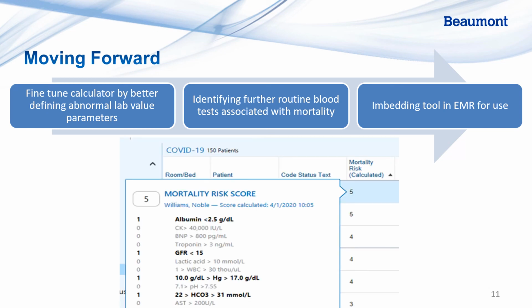What this might look like is that on a clinician's census in their electronic medical record, they would have a column that would identify their mortality risk, and this would be updated in real time. If you were to hover over this number, it would identify those lab values that were abnormal.